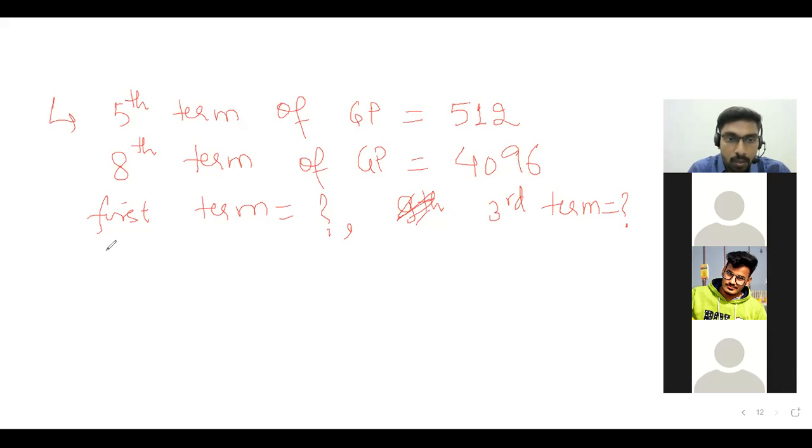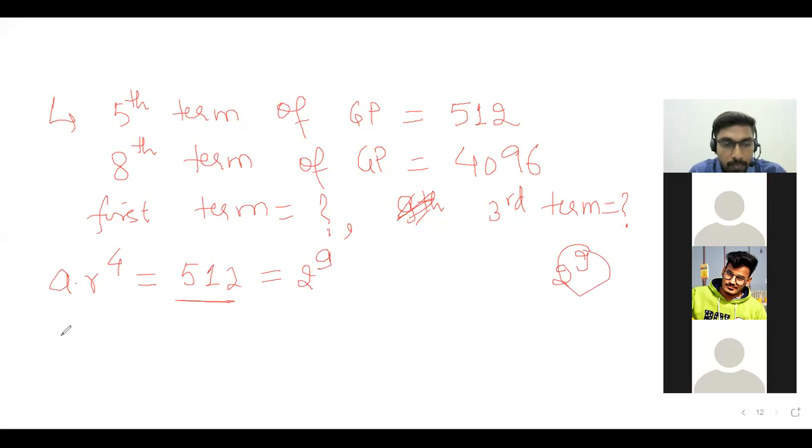Okay. So fifth term, that means a into r to the power 4, that is 512. You can also write 512 as 2 to the power 9. Is this clear?